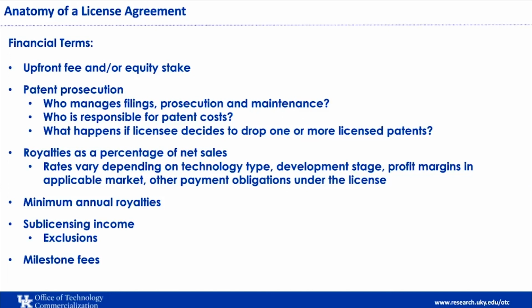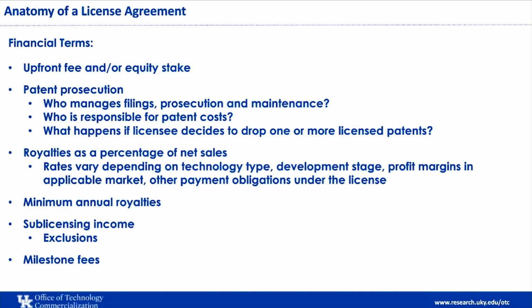For example, for royalties, we expect a pass-through royalty, meaning we get the same, let's say it's 3%, regardless of who made that sale to the end user, whether it be our licensee or the sub. If the licensee charges 7% in their sub-license agreement, we would still get the 3%, but they would keep the 4%.